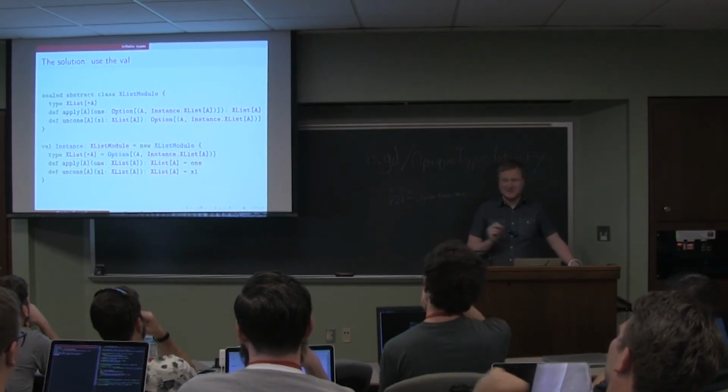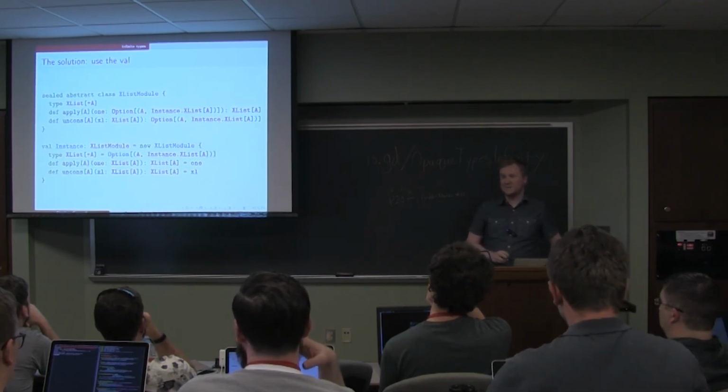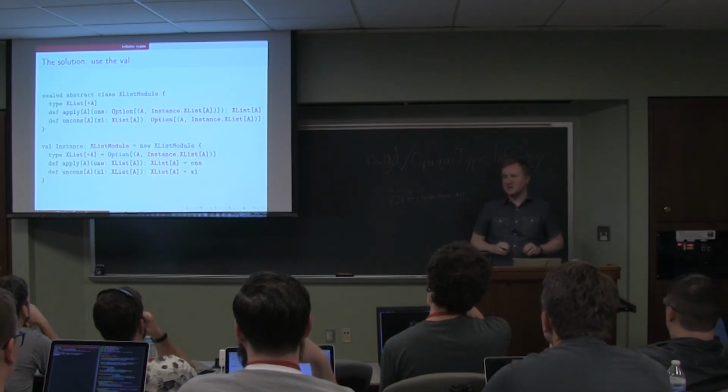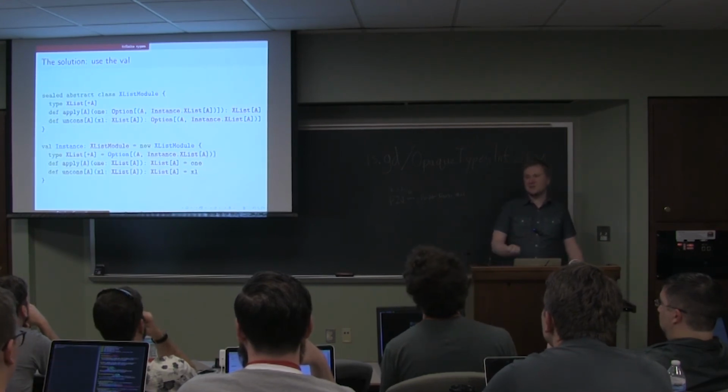So the fact that instance.xlist occurs on the right-hand side of type xlist is not a recursive type, as far as Scala C can tell. It's just a normal type. So even within the structure, we can use that existential, that type parameter. And that's how we can accomplish our infinitely recursive type.